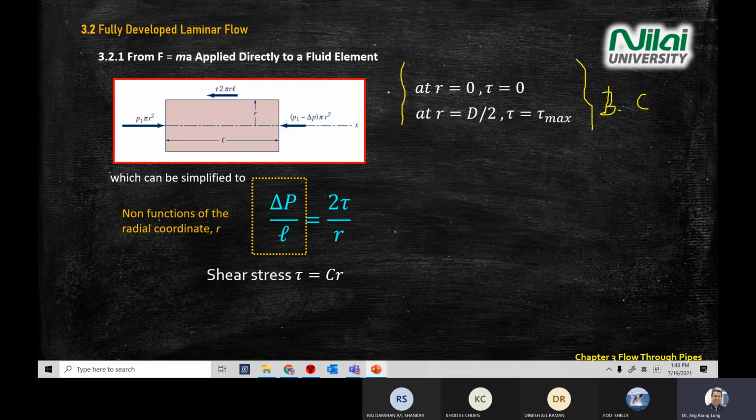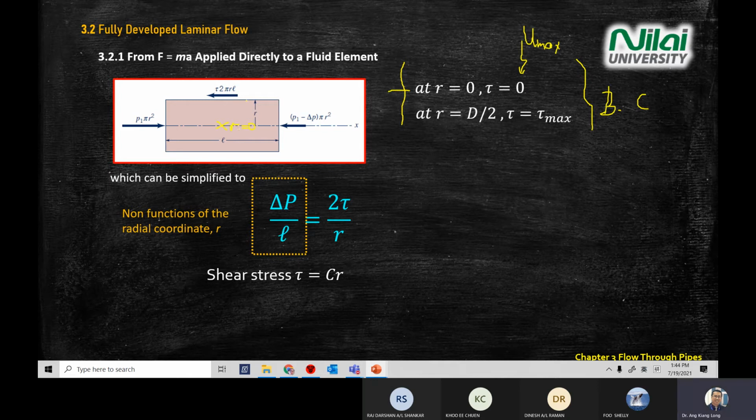So let's look at the first boundary condition. R equal to 0 at the center, shear equals 0. Why is shear 0? Because the flow is at U max at the center. There is no friction in the center.